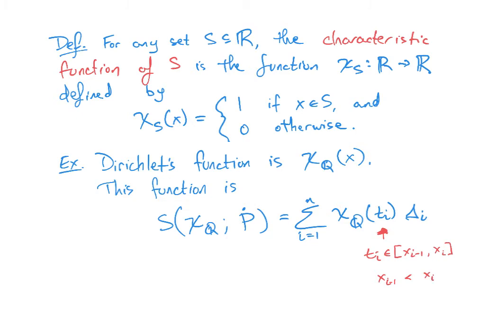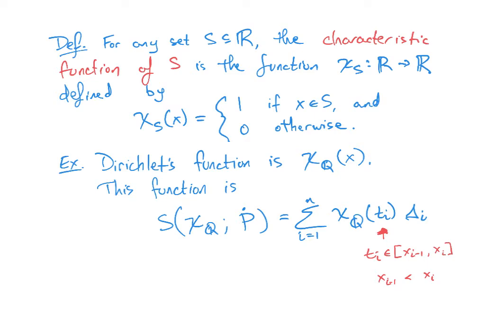So there is a little bit of gap in there between x_{i-1} and x_i, and we know that just having a little bit of a gap means you've got infinitely many rational numbers in there and infinitely many irrational numbers in there. So no matter what partition you're given, no matter how fine that partition is, no matter how small the norm is, you can pick tags that are all rational. Because they're all rational, your integral will work out to be 1.